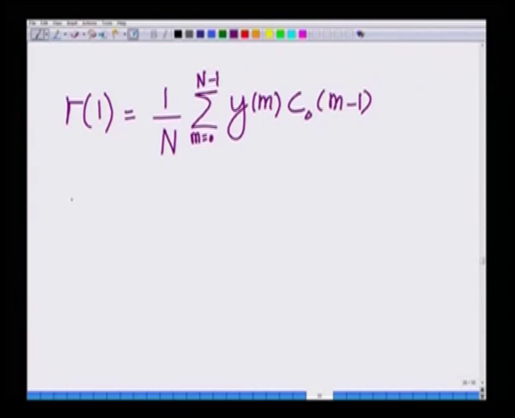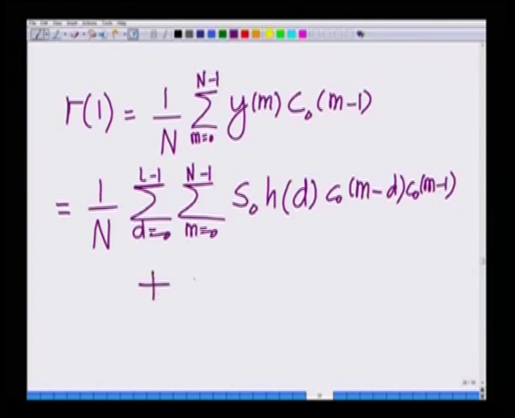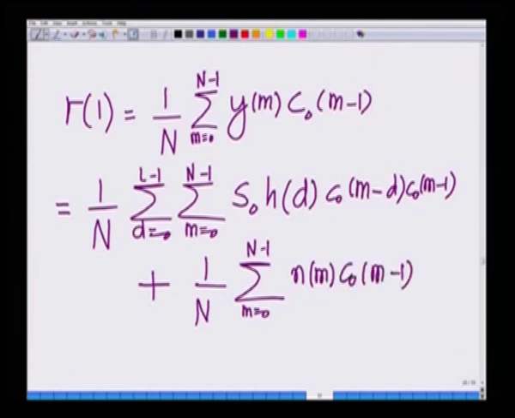That can be written as 1 over n, summation d equals 0 to L minus 1, summation m equals 0 to n minus 1, S0 h of d C0 of m minus d, correlated with C0 of m minus 1, plus 1 over n summation m equals 0 to n minus 1 of n of m C0 of m minus 1.